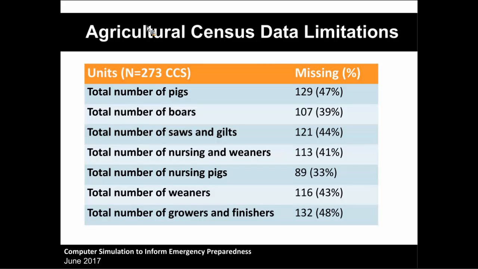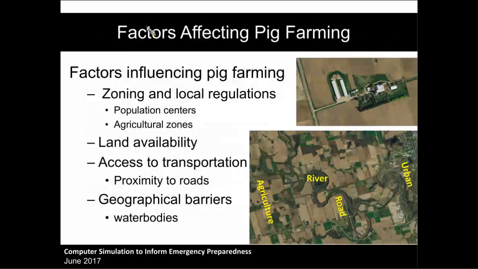For the total number of pigs, almost half of the information, in many cases, was missing. With so much missing information, we struggled to get a grasp on the population structure in Ontario. To add to that, the census doesn't give you the location of the farms. So we figured a way around.